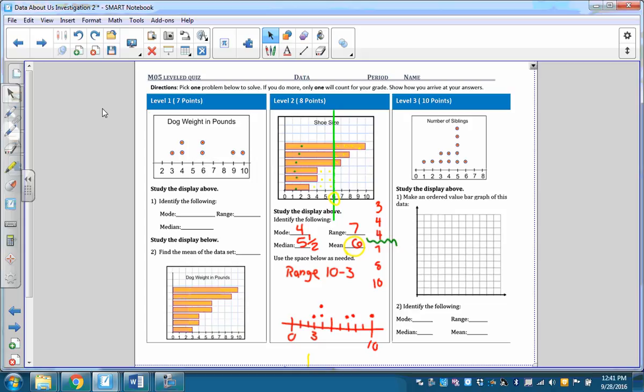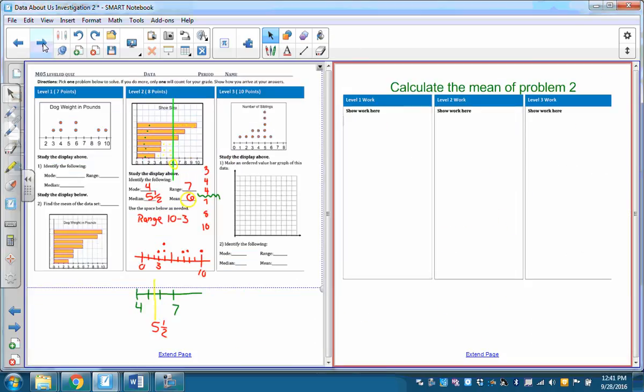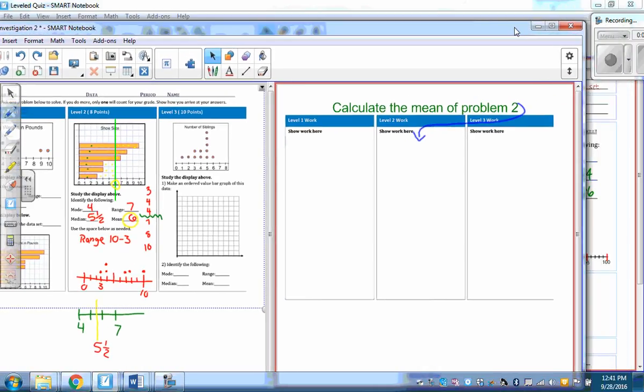So that's what I want you to do. I want you to try to repeat that process on the blank space back here. So I want you to complete the mean of problem 2 right here. We already have that in front of us, and so I'm going to give you a few minutes to talk about it. And I'll pause this.